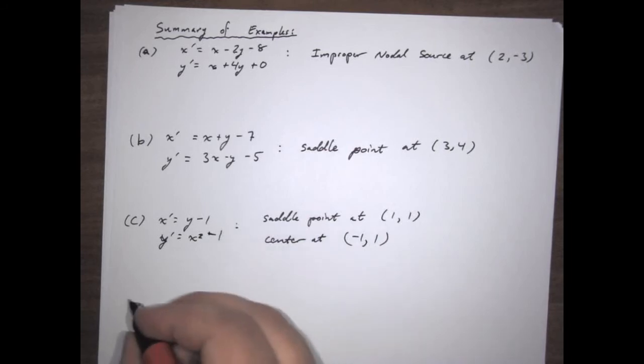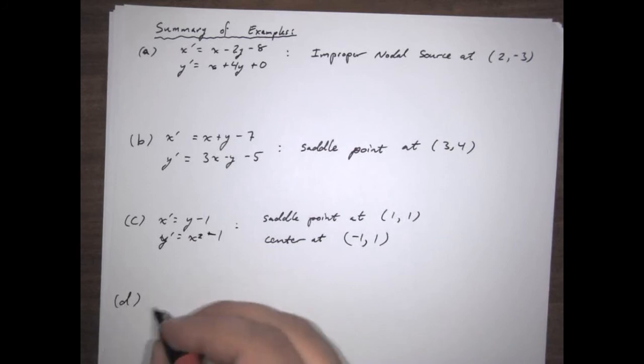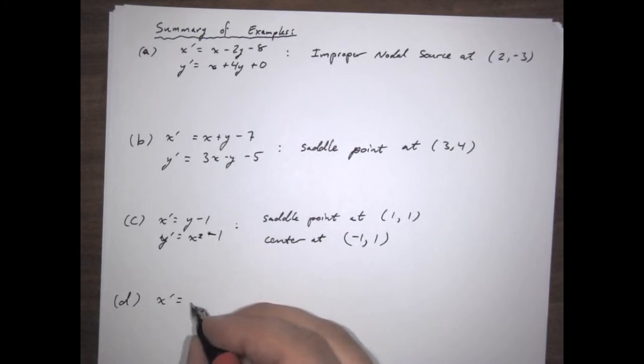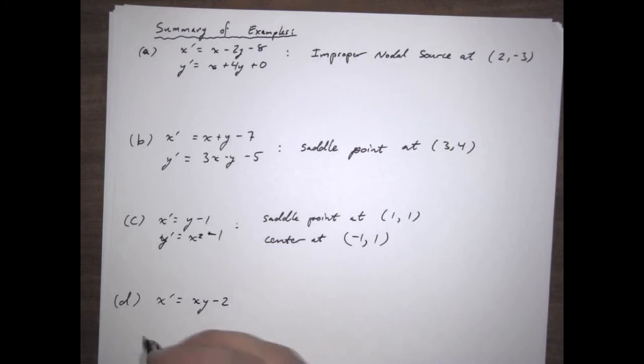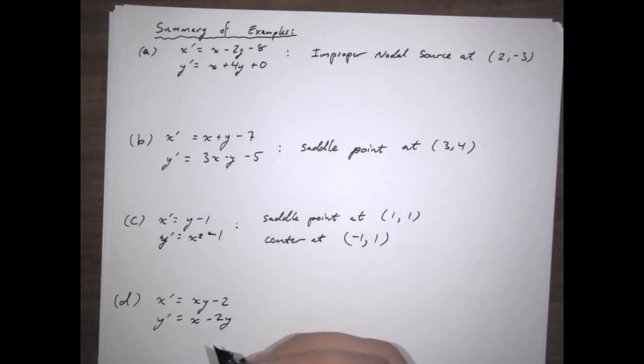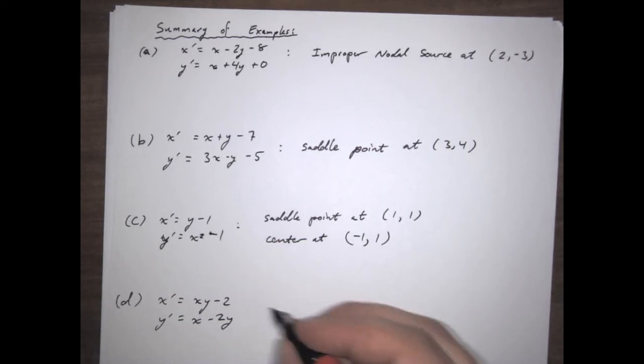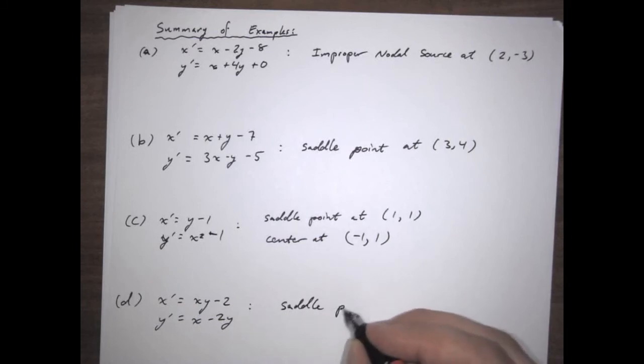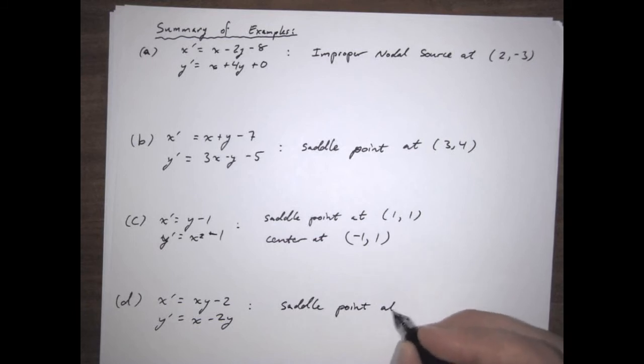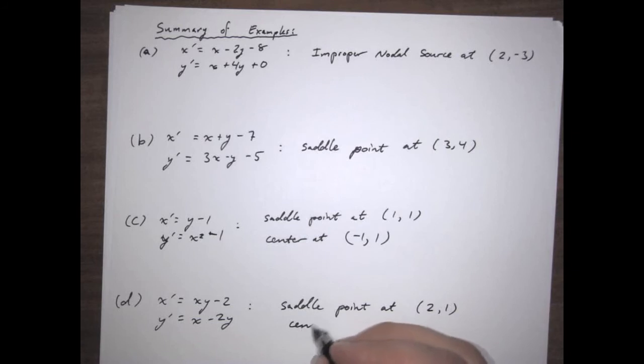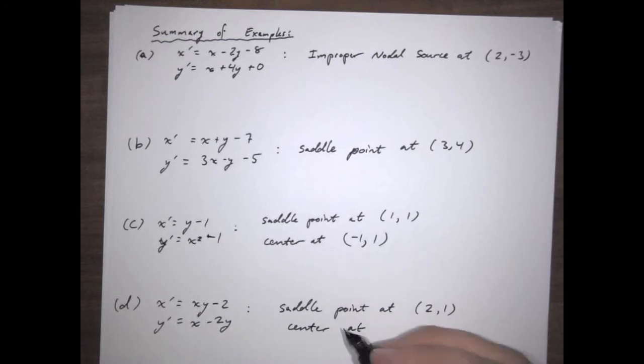And then D, x prime is xy minus 2, y prime is x minus 2y. And our conclusion there was that there was a saddle point at 2, 1 and a center at, sorry, a spiral sink.